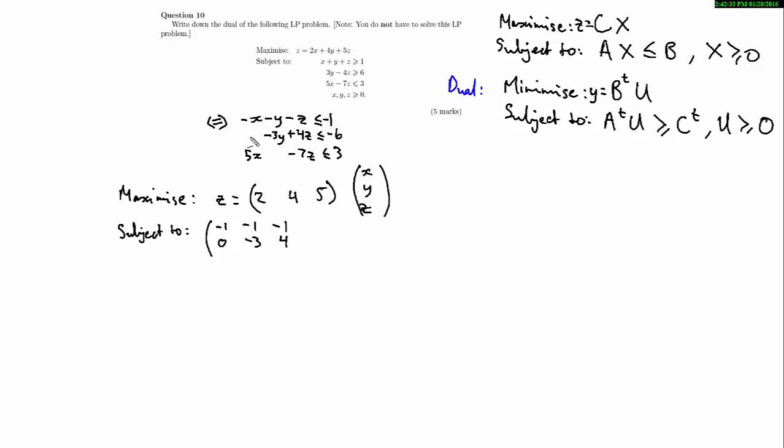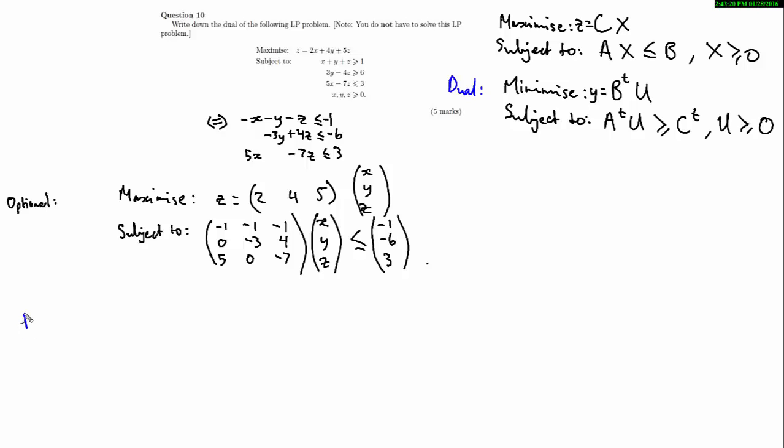Notice 0 there because there's no x present. And then 5, 0, and -7. And then we've still got the x, y, and z matrix. And that's all less than or equal to -1, -6, and 3.